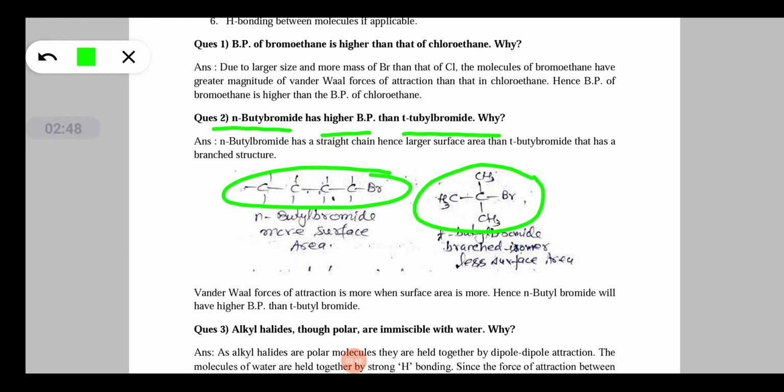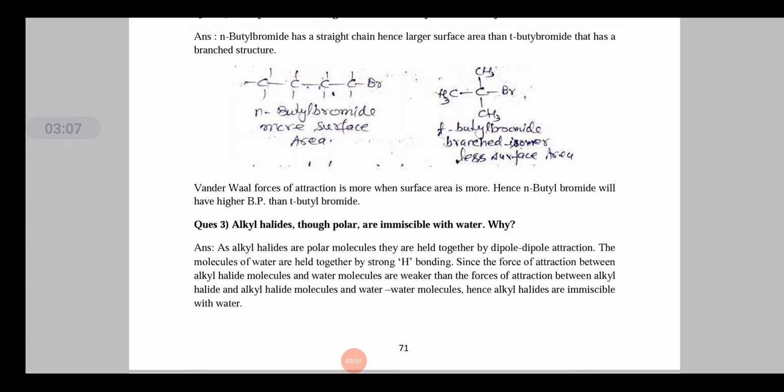Here, due to the branching, surface area becomes less, so van der Waals force of attraction is less in the case of tertiary butyl bromide, so its boiling point is low, and the reverse is the case in n-butyl bromide.